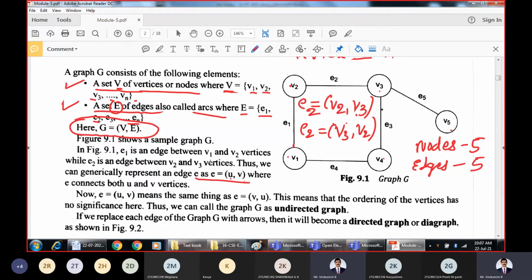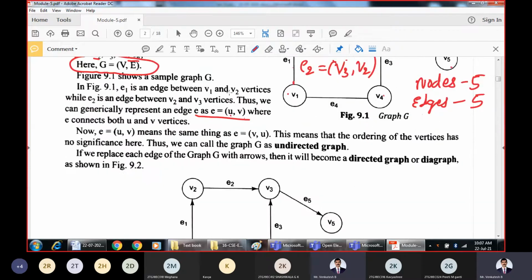That is both ways. There is no fixed direction. There is no restriction that you have to go in this direction only. Similarly, this edge V1 to V2 or V2 to V1, both are defined by E1. So that is the case when we have an undirected graph, in which the edge represents both ways, that is, both directions.